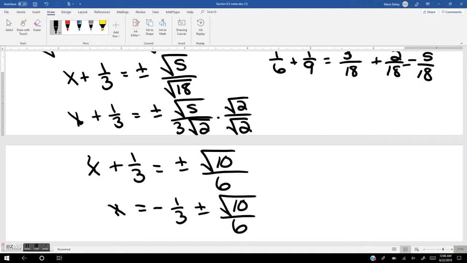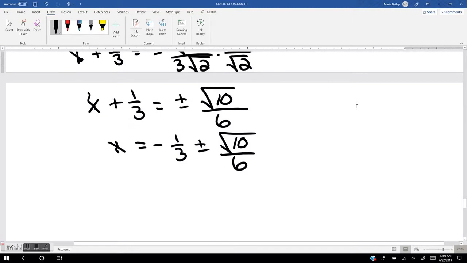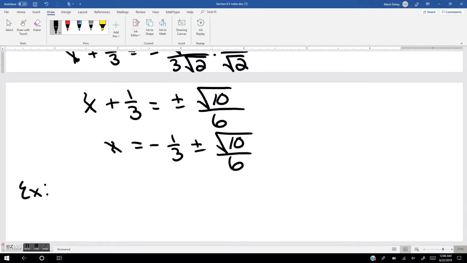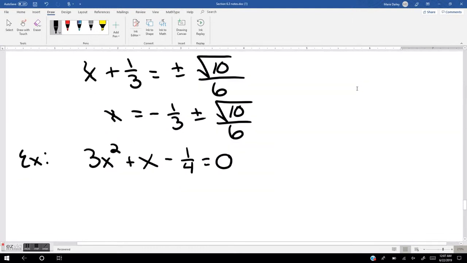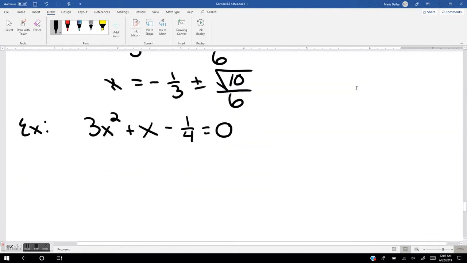Now, in all of these examples, life has been fantastic because that a has been a positive 1. Let's take a look at an example in which that leading coefficient is not a positive 1. So 3x squared plus x minus 1/4 equals 0. Like usual, my first step is to take that leading coefficient and check to see if it's 1.